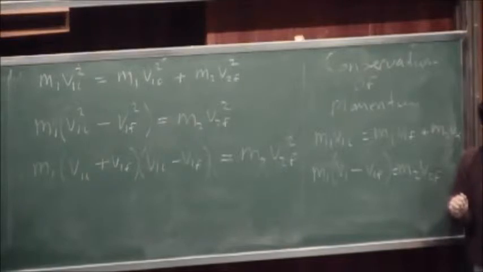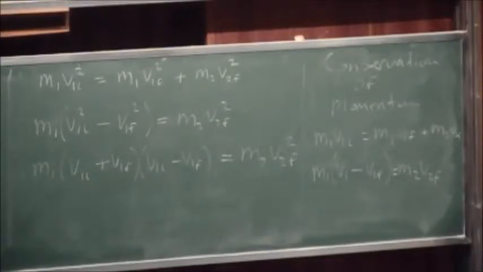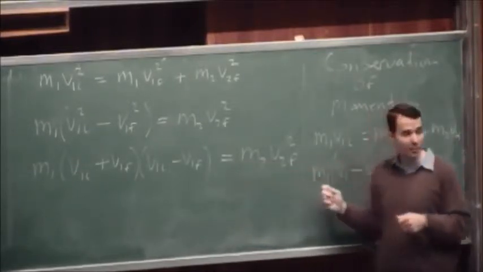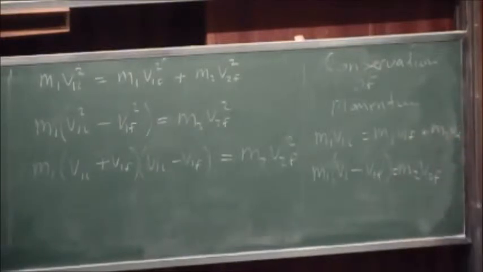Divide the conservation of kinetic energy equation, dividing both sides by V1 initial plus V1 final.